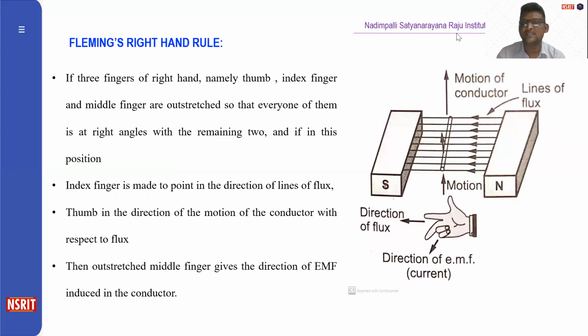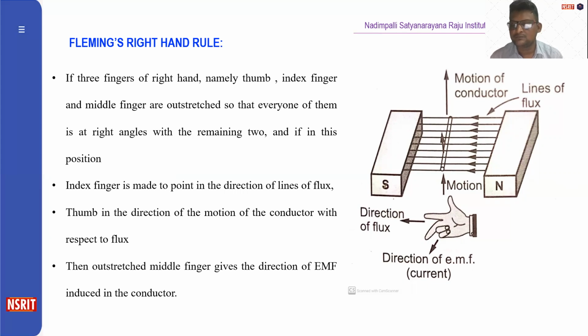Which hand rule does the generator work on? Fleming's right hand rule. In this figure, two magnetic pieces are there, and flux will travel from north pole to south pole. And it reflects the generator principle, the generator hand rule. If we are using our right hand, the thumb indicates the motion of the conductor, moving upwards and downwards.